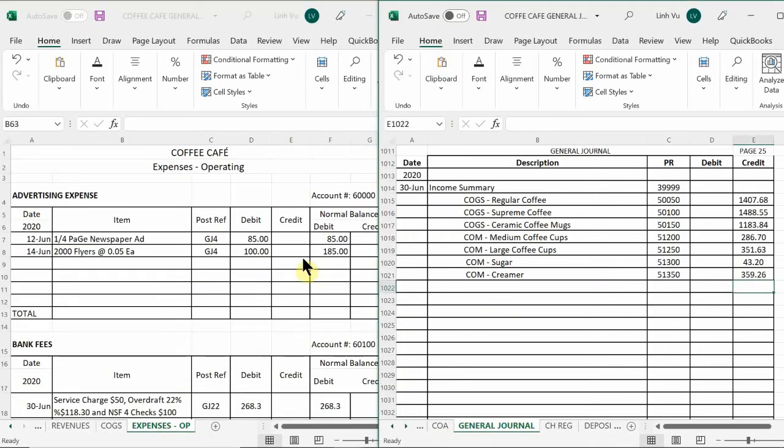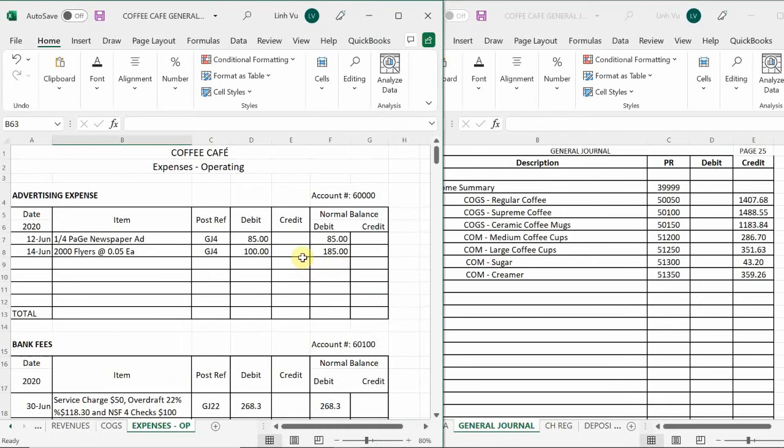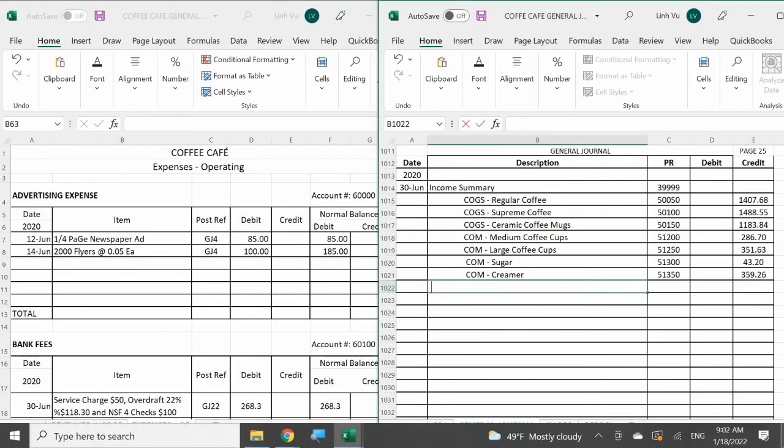So going down the list, we have our first one, operating expense, $60,000 for advertising expense, for a total of 185 even.